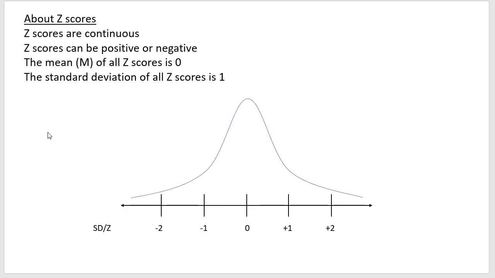When we want to talk about how far away a particular score is from the mean, we can talk about it in terms of the number of standard deviations away from the mean a score is, or we can talk about it in terms of the z-score. A z-score and a standard deviation are the same thing. A z-score measures the number of standard deviations away from the mean a particular score is.